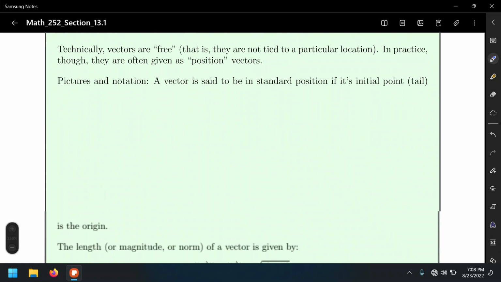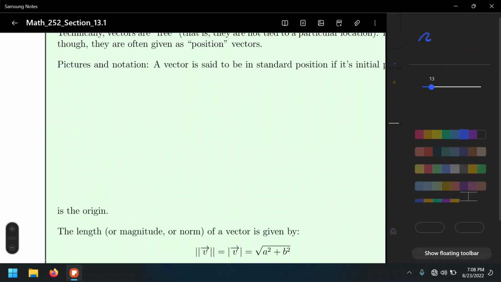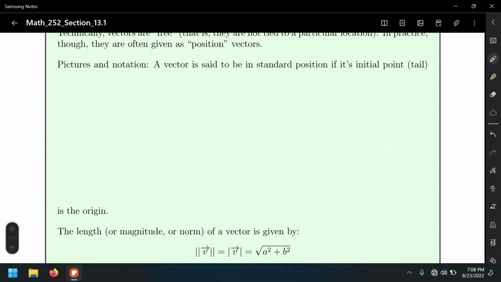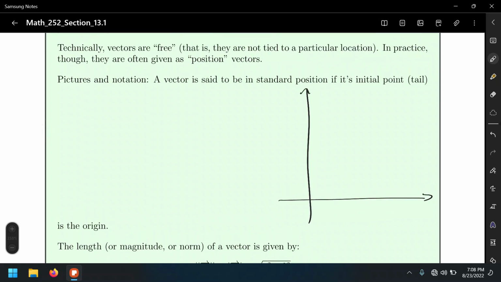So for the simplest case, okay, let me draw a Cartesian plane. All right? These vectors are free entities, if you will. What do we mean by that?